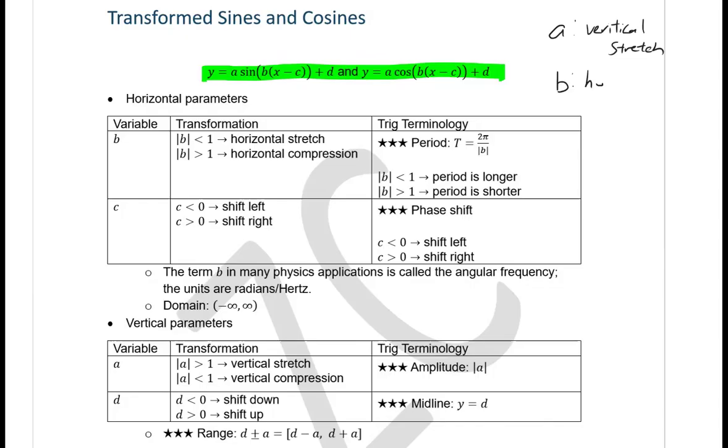It's horizontal stretch or compression. And if it's negative, it's a horizontal reflection as well. What about C? It is a horizontal shift. And D is a vertical shift. Remember all those?